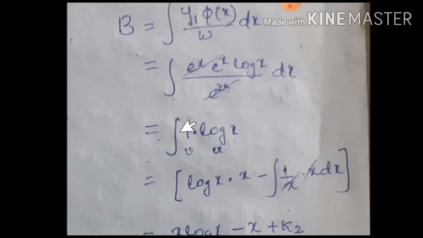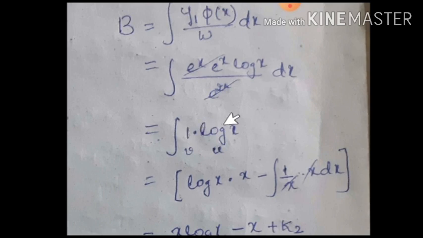We need to do integration of log x using integration by parts method, since there is no direct formula for log x. In the previous step I explained while finding a value how to apply integration by parts using ILATE condition. Log comes first, a constant 1 we need to take, because we know 1 into log x is log x itself. So log x taken as u and one constant which represents the algebraic function, hence that one we have taken for v.